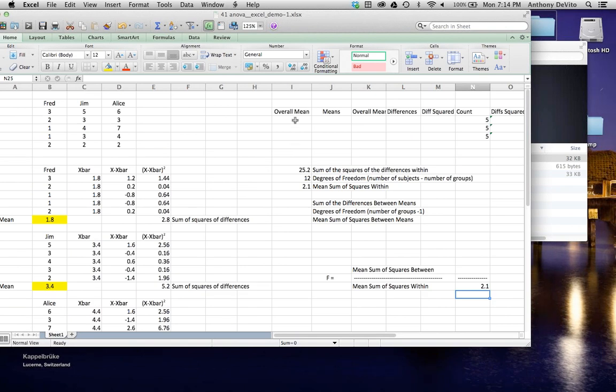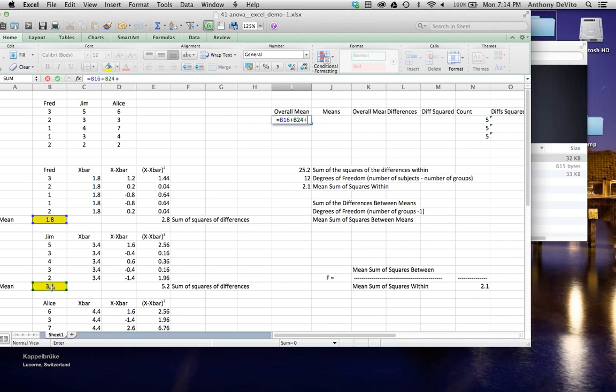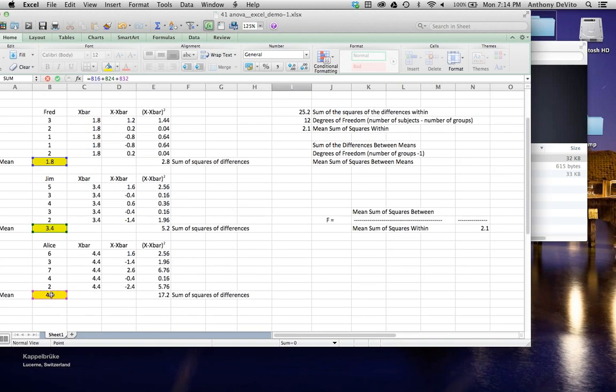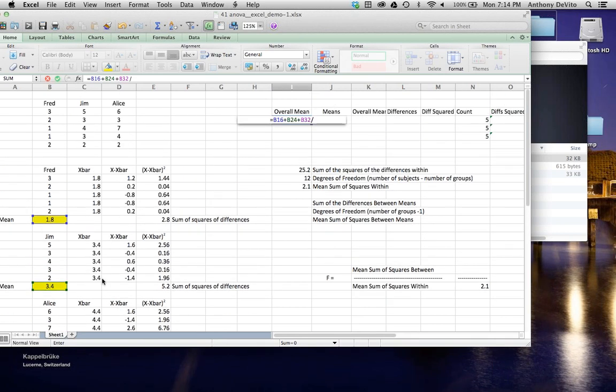Well, first of all, the overall mean for the 3 groups is equal to the mean for the first group plus the mean for the second group plus the mean for the third group. Now, they happen to be all the same size, right? Divided by 3.